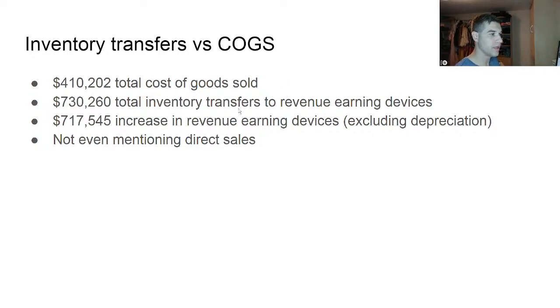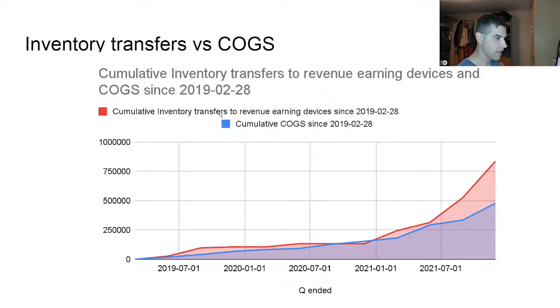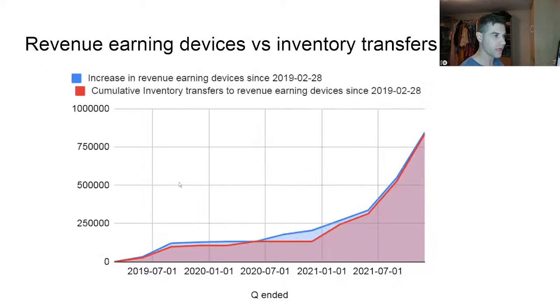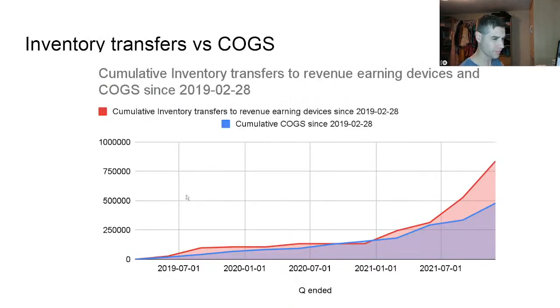Maybe it does, but regardless, my basis for that is this graph back here, where we see that the amount that they transferred into revenue earning devices tracked pretty well with how much they track as an asset for revenue earning devices.